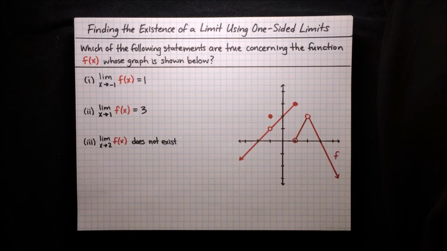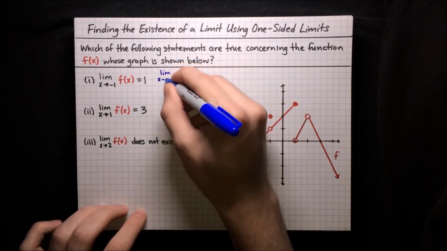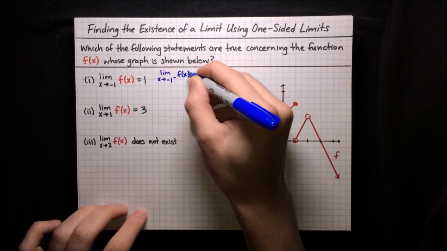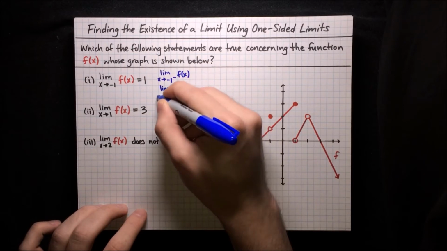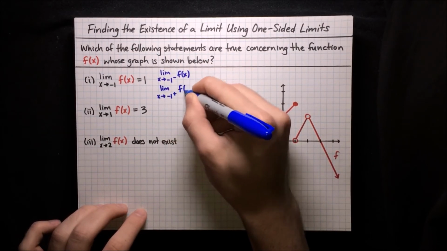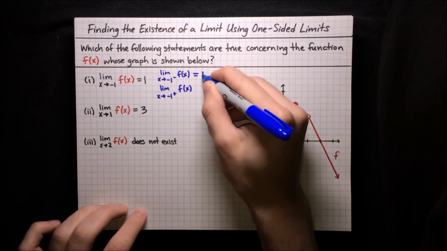Limit as x approaches negative 1 of f of x equals 1. Well, before we even look at the graph, let's see what we have to check. We have to check that the limit as x approaches -1 from the left side and the limit as x approaches -1 from the right side are both equal to 1.